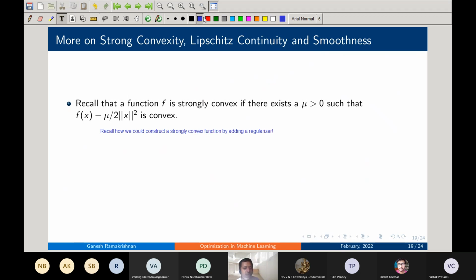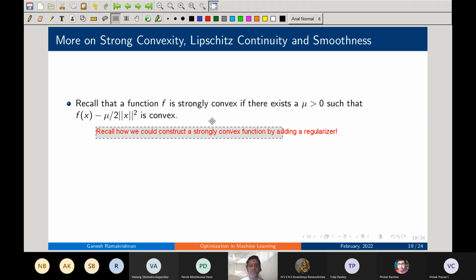The question is, can we do something similar for Lipschitz smoothness? Can we make a function Lipschitz smooth? Any suggestions? We were basically adding a regularizer to increase its curvature. Any thoughts?